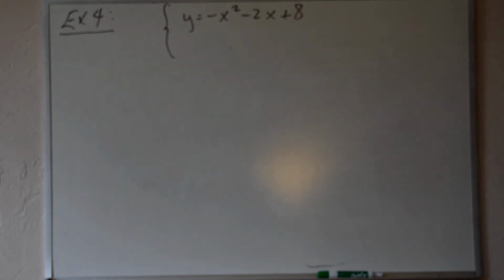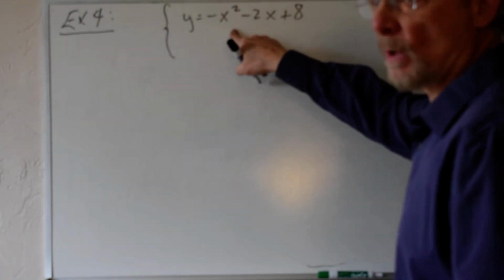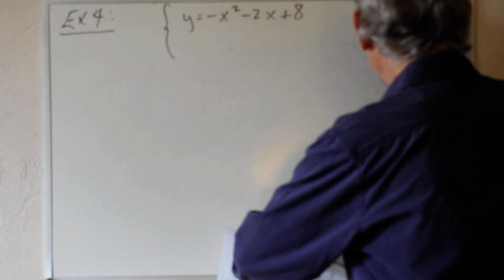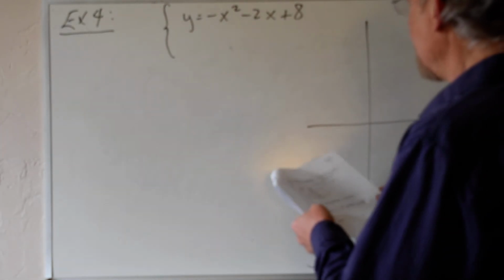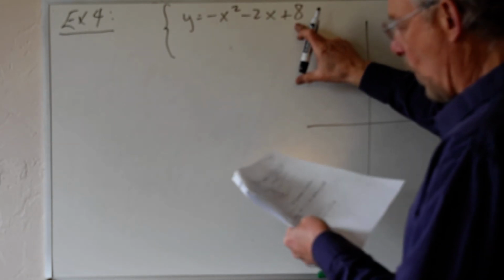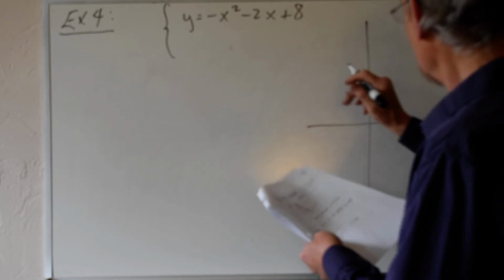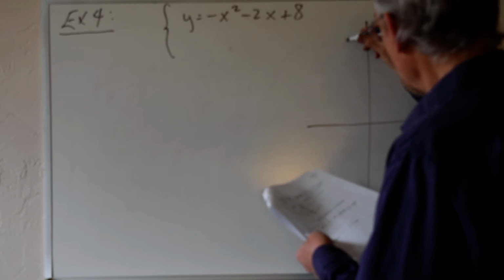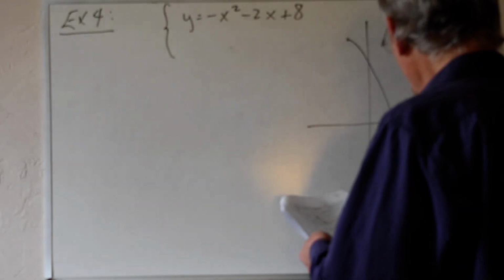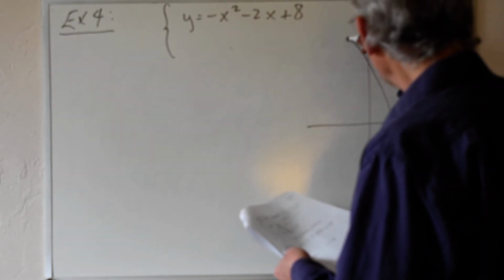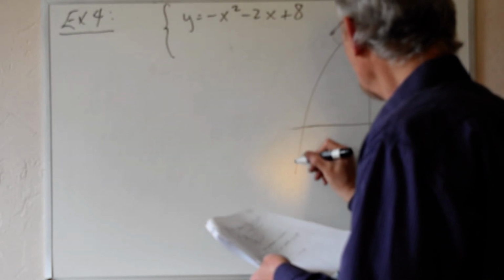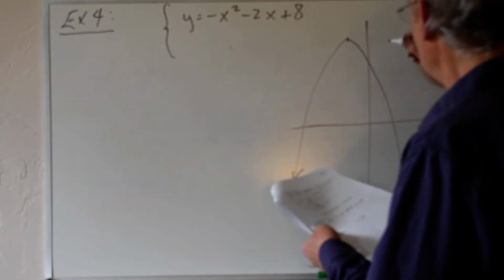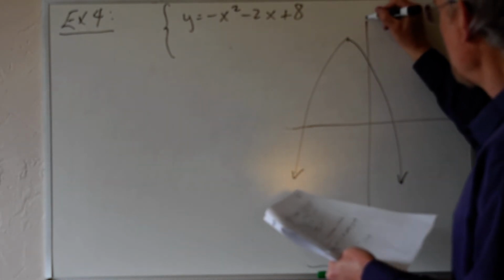You say, ooh, that's not linear, it's quadratic. So the graph is a parabola. Furthermore, it's a parabola that opens downward with y-intercept equals 8. And if you put that into your graphing calculator or into the Desmos program out there on the internet, you get a picture that looks like that. There's that parabola.